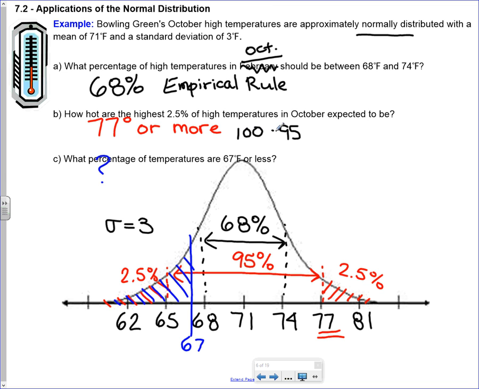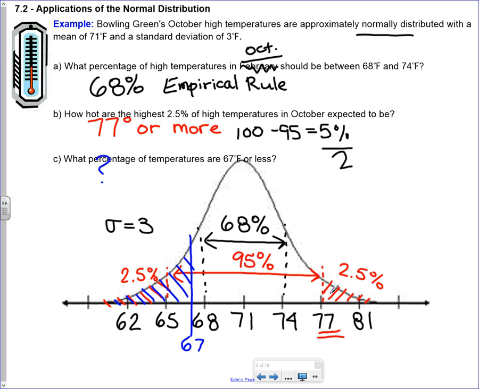So if I take 100 minus 95, I'm going to get 5. So I have 5% left over, and that 5% has to be distributed into both tails. Because it's a symmetric distribution, whatever's on one side has to be on the other. So if I have 5% to distribute into these tails, I wouldn't put 4% here and 1% here. Whatever I have on one side, I'm going to have the exact same on the other. So I need to divide this by 2, and that's how I get that 2.5% on both sides.